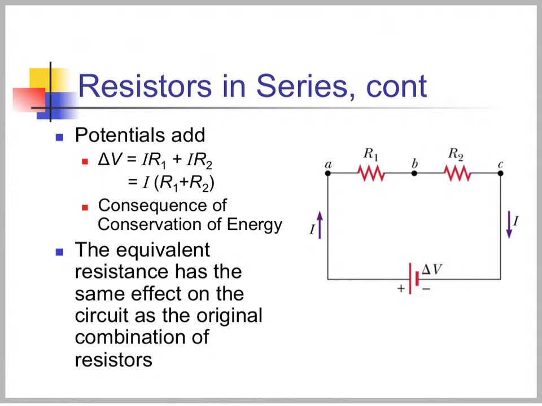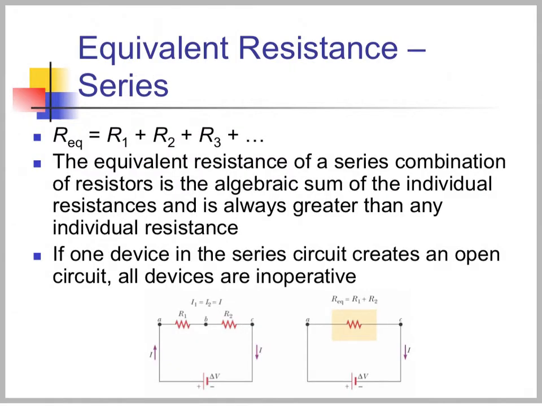The equivalent resistance has the same effect on the circuit as the original combination of resistors. So what would that look like? If I wanted to replace these with a single resistor, I know I times R1 plus R2 is equal to I times R equivalent.